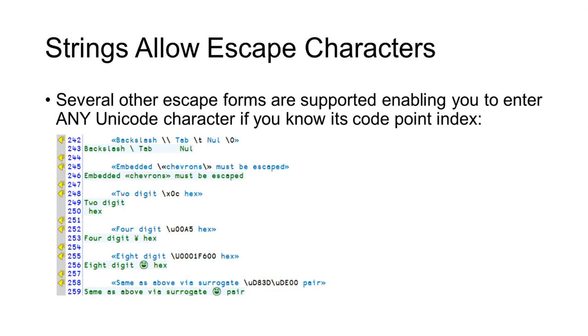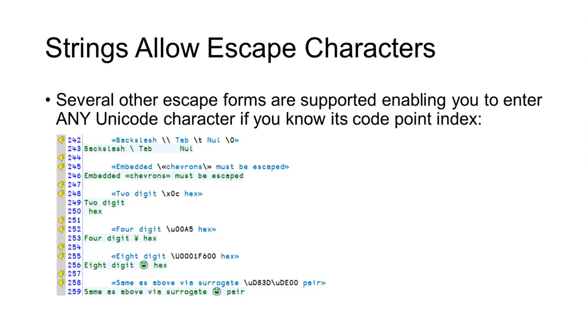Or you can enter it as a 4-digit hex using a \u, a lowercase u, and that is the code point symbol for a yen. You could also have just, if you have a keyboard capable of typing it, typed the yen directly in there instead of using the escape.